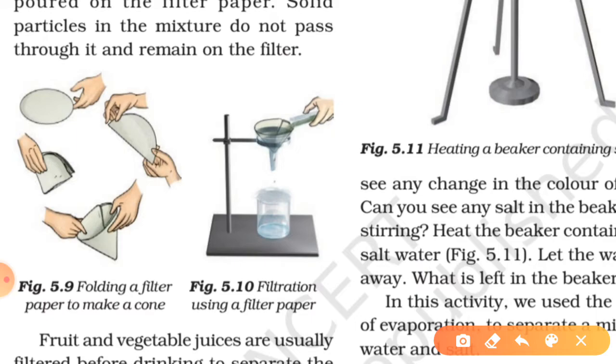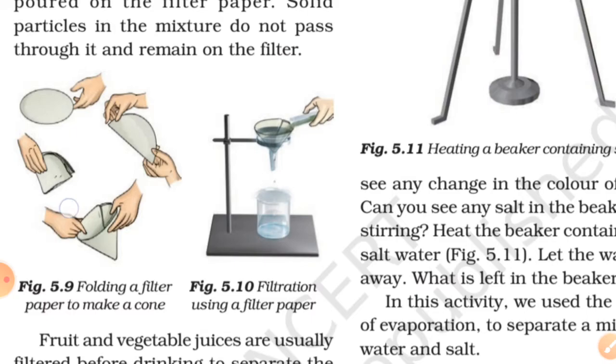The soil and the dust particles will remain on this filter paper and the clean water will come out, and this method is known as filtration. The clean water is collected in this glass beaker. The soil that settles on this filter paper is known as residue.